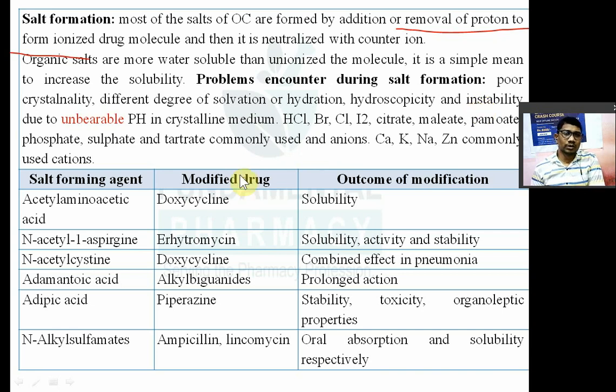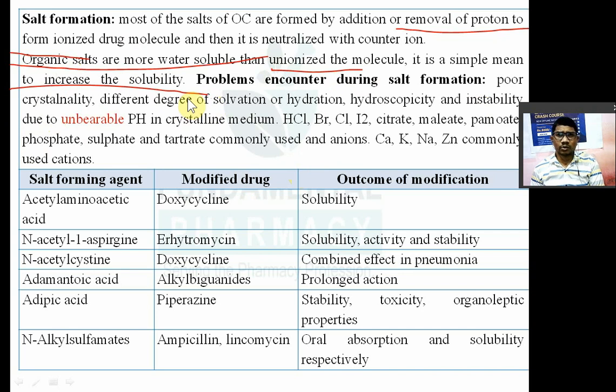Organic salts are more soluble in water than the unionized molecule, because the unionized molecule is lipid soluble. Salt formation is a simple means, the simplest way, to increase the solubility of a compound, right?